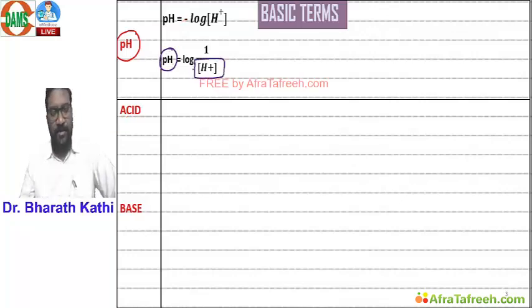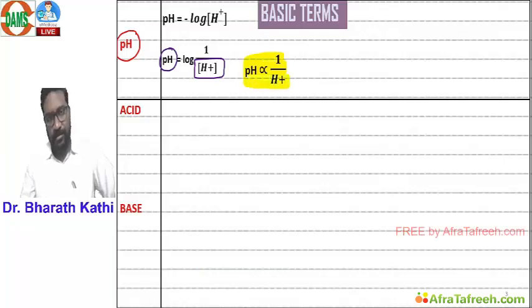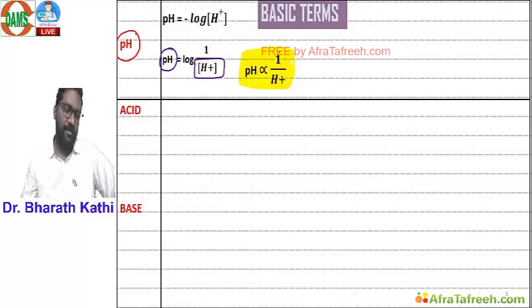Mathematically, when you find an equation like this, pH should be inversely proportional to H plus. This is the first important relationship that everybody should know. pH is proportional to 1 by H plus, or pH is inversely proportional to H plus.